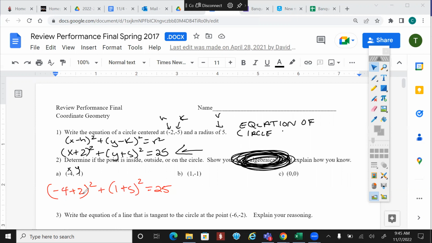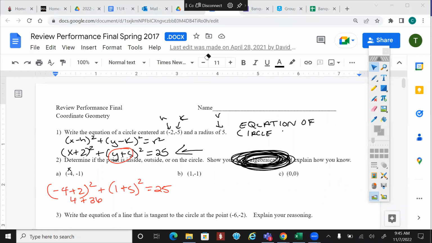So -4 plus 2 is -2. -2 squared is 4. 1 plus 5 is 6. 6 squared is 36. Because I took the original equation, and 1 is my y value, right? -1.